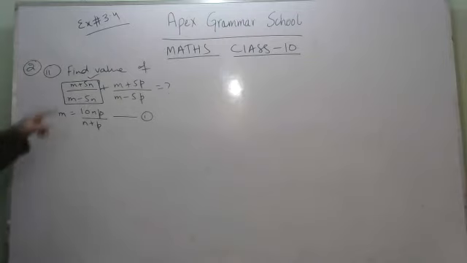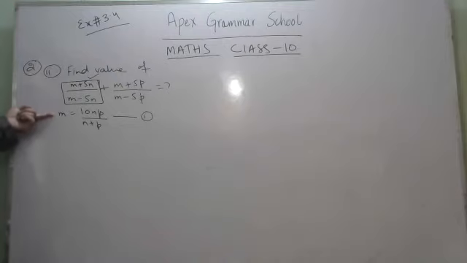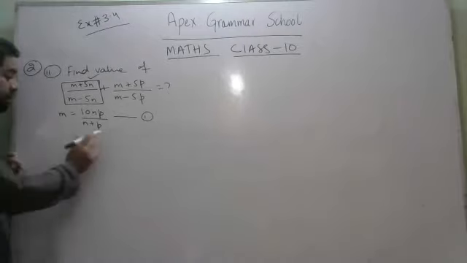So m will be the numerator and 5n the denominator. Here the numerator has m, but 5n is not present in the denominator.